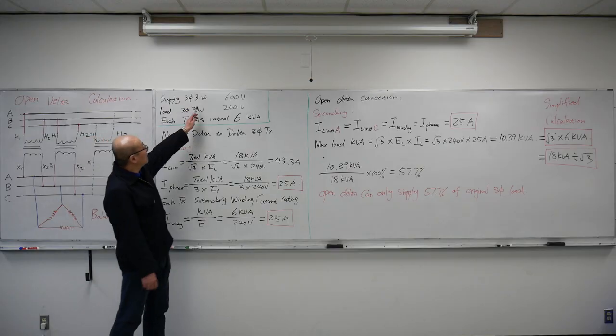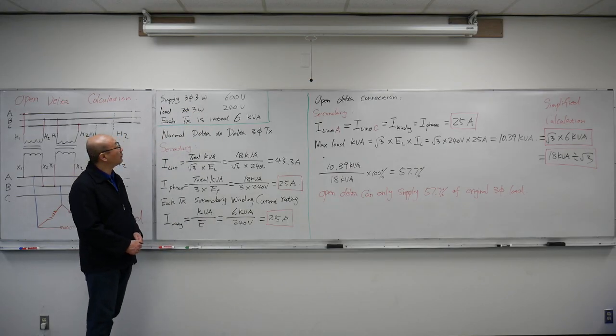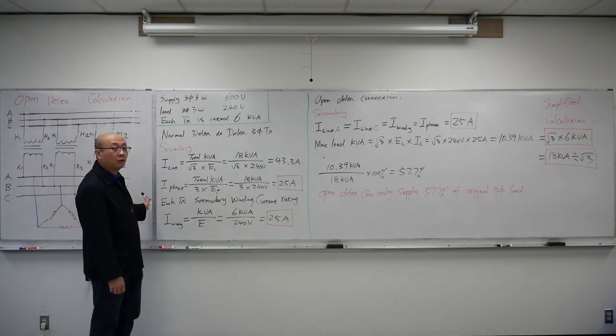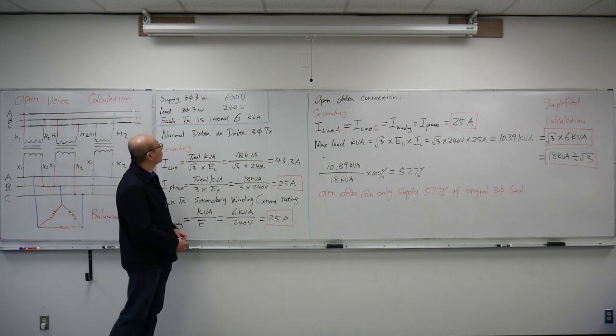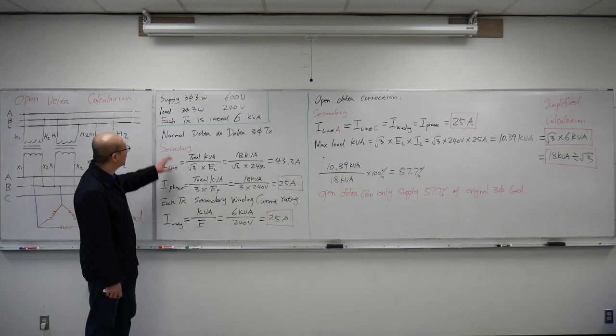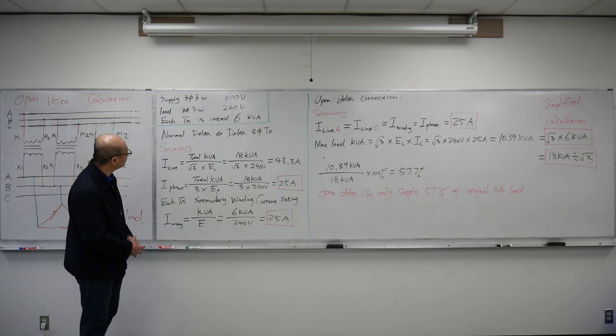My supply is three-phase, three-wire, 600 volts. We don't care too much about that, because our load is connected on the secondary, so we're more focused on the secondary. The load requires three-phase, three-wire, 240 volts.